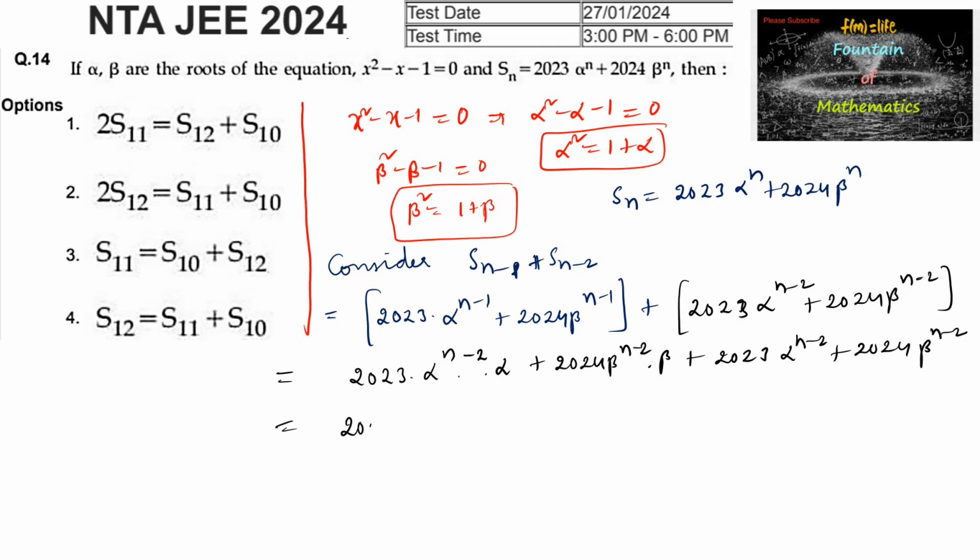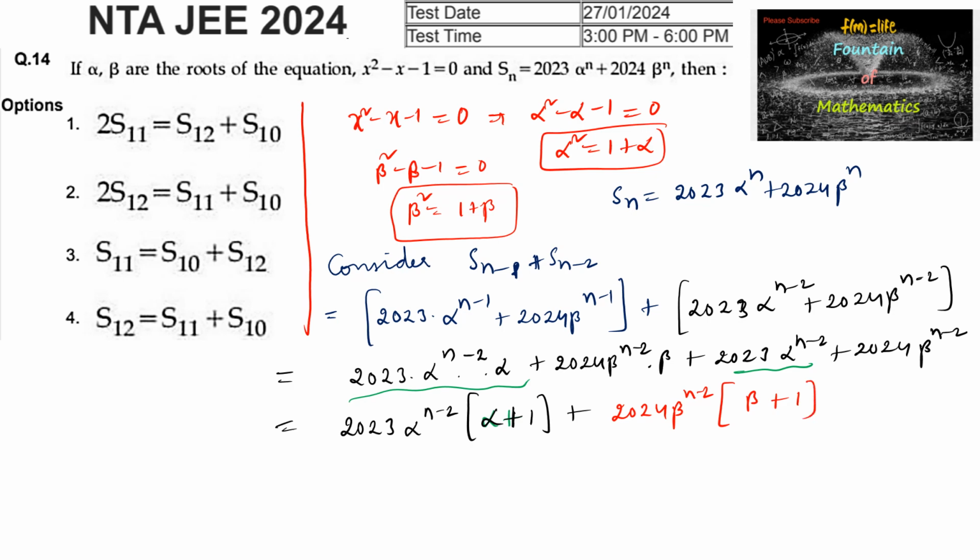So 2023 alpha power n minus 2 we can take common, so we can write alpha plus 1, and again here 2024 beta to the power of n minus 2 taken common, beta plus 1.